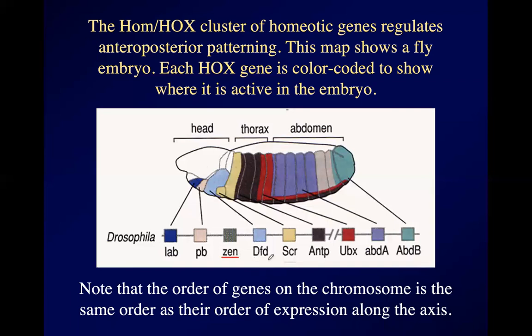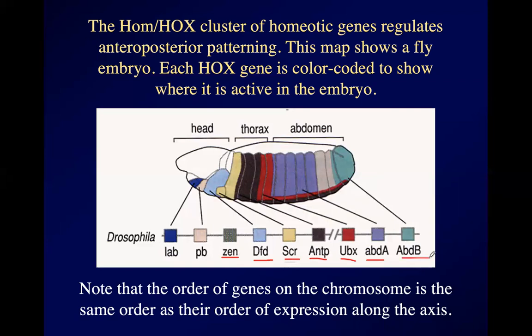But deformed is the next, and that one's expressed in the head. Back of that, you have genes that are expressed in the thorax, sex combs reduced, antennapedia, and ultrabithorax. And then behind that, you have abdominal A and abdominal B, which are expressed in the abdomen.